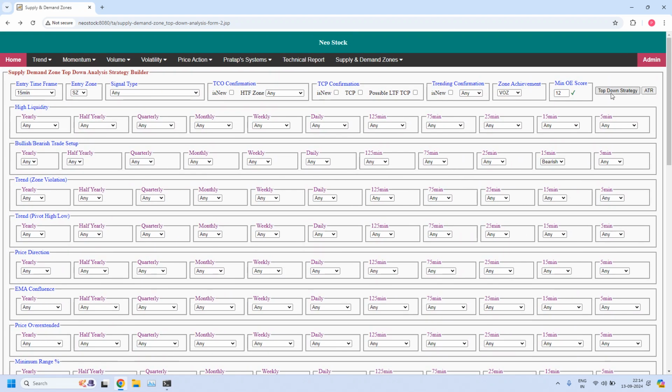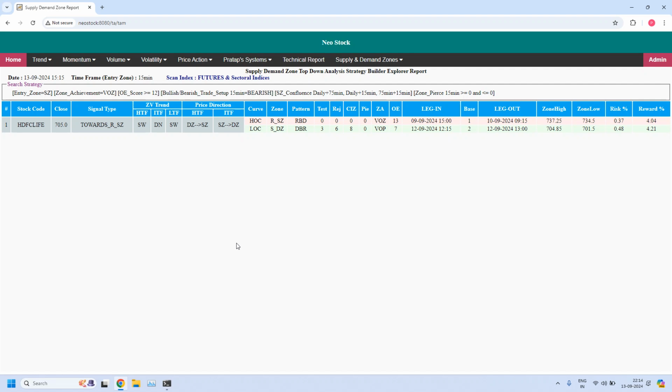Now let's verify. Only one stock is filtered. We don't require to check for EMA confluence because the trend is sideways. If the daily trend is sideways, there is no meaning for checking for daily EMA confluence. So this is about bearish trade setup for daily income trade.